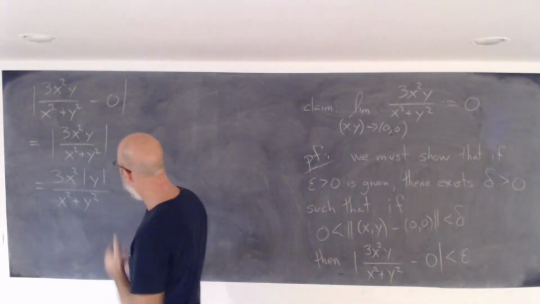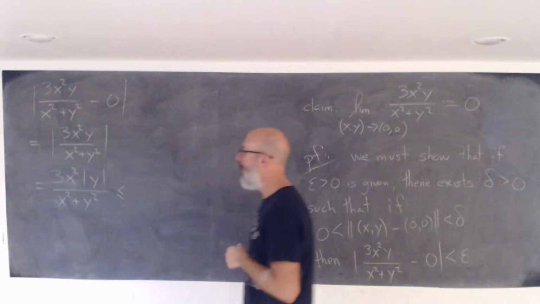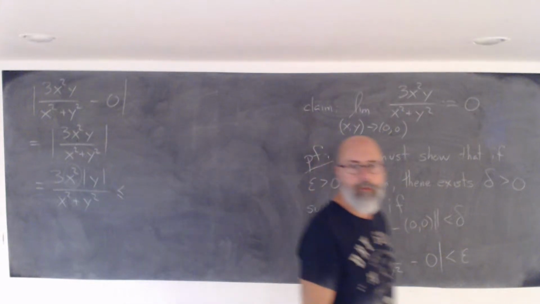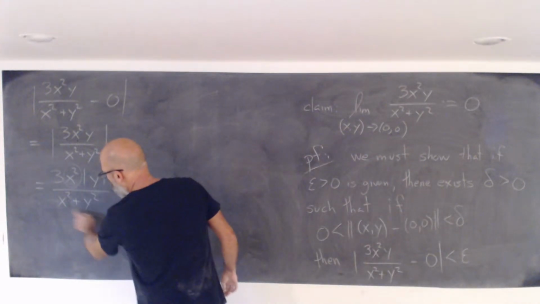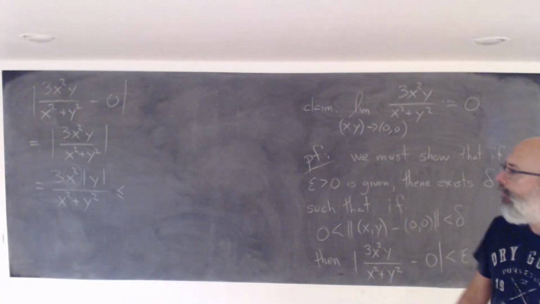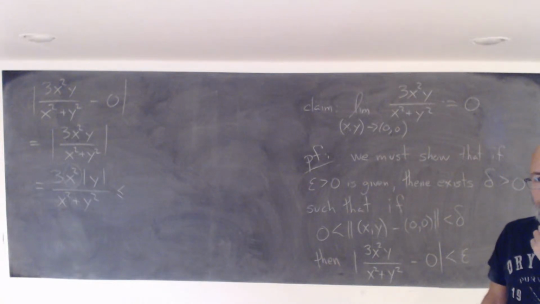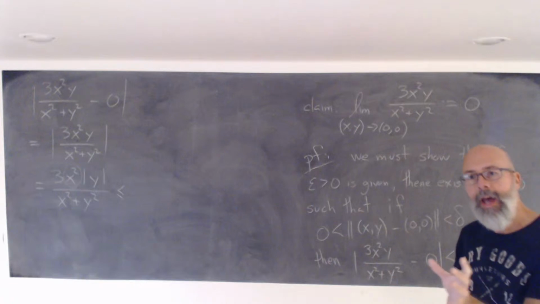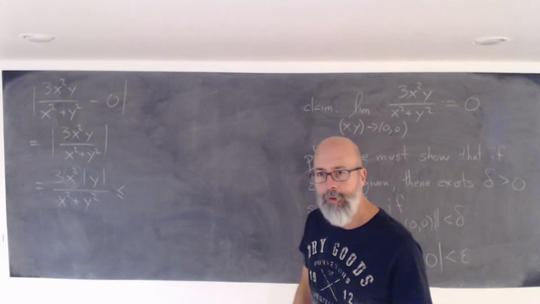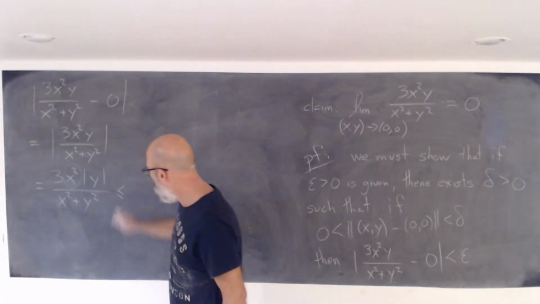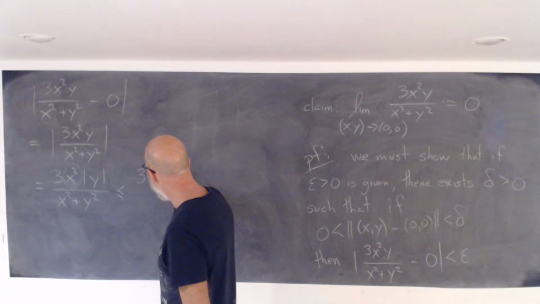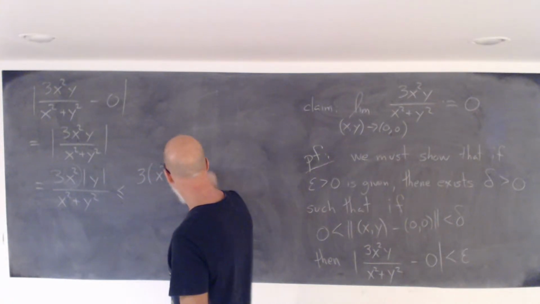Now, look at this x squared. It's essentially half of the denominator. If only you had a plus y squared there, you could cancel everything. But y squared is something positive. So I'm going to add a y squared.